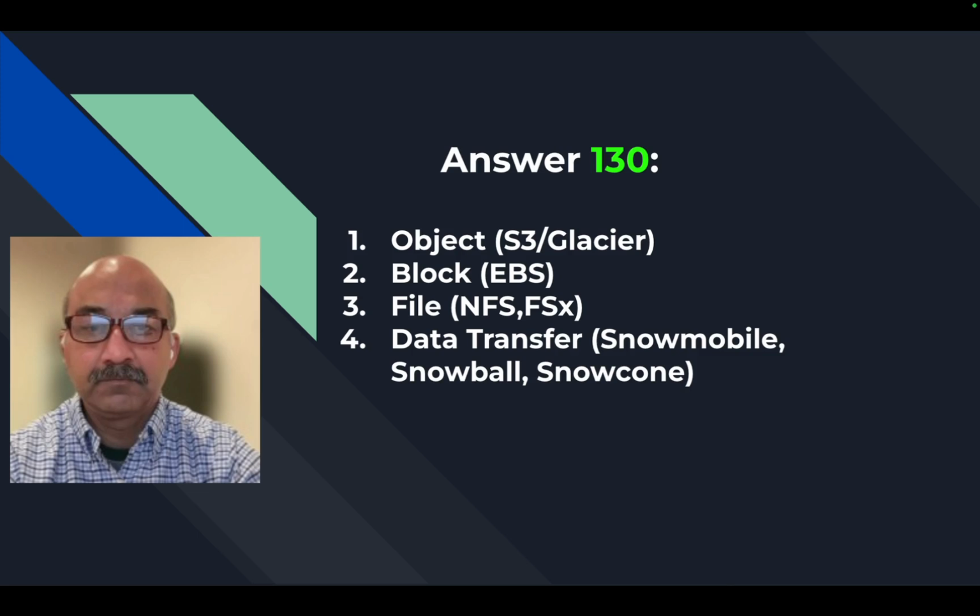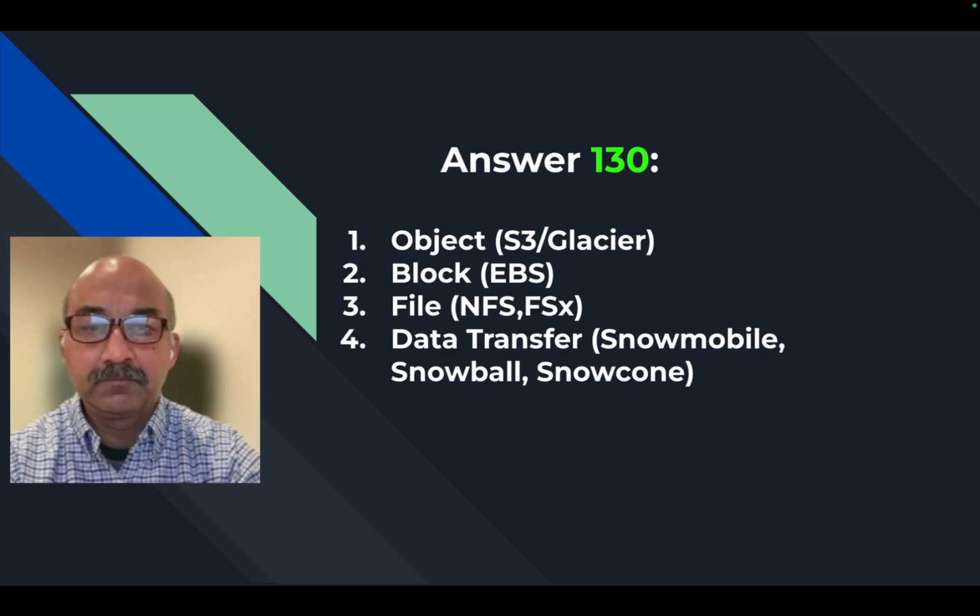File storage like NFS and FSx. I don't even know what FSx is, but anyway, NFS is a really old, reliable solution. It's file storage that is somewhere in between EBS and object storage. They're not as slow as S3, but they're not as fast as EBS.